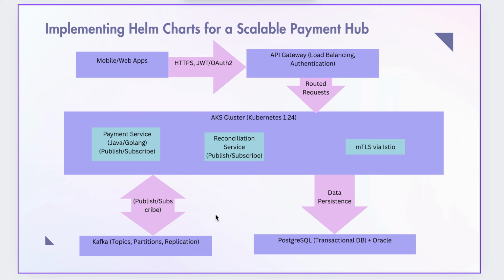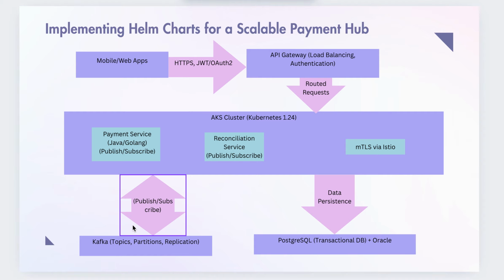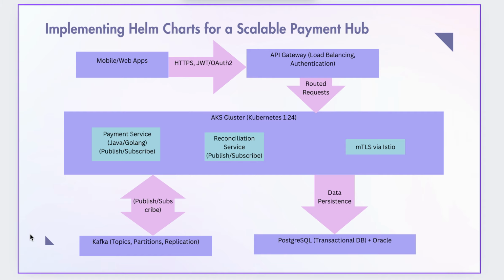Istio's mutual TLS secures inter-service communication. Each microservice is stateless, leveraging Kubernetes horizontal pod auto-scaling, and config maps and secrets backed by Azure Key Vault for configuration and sensitive data.